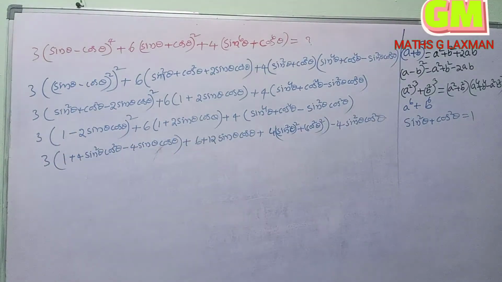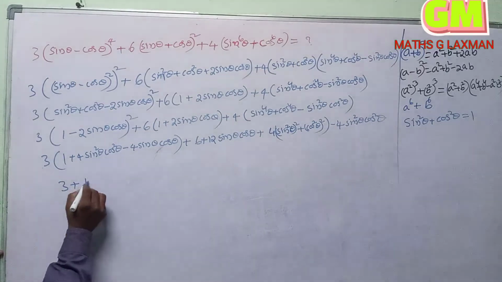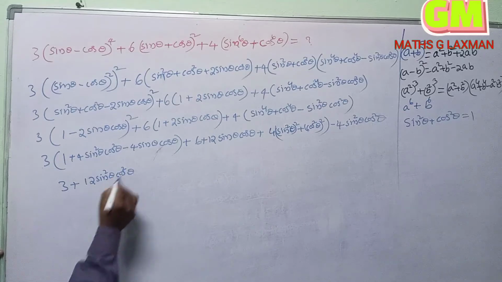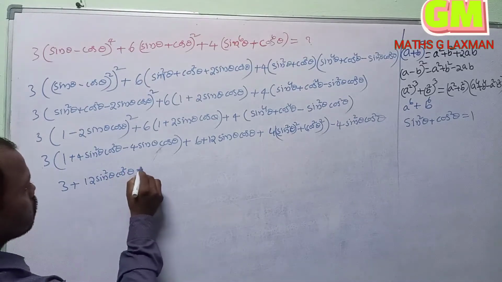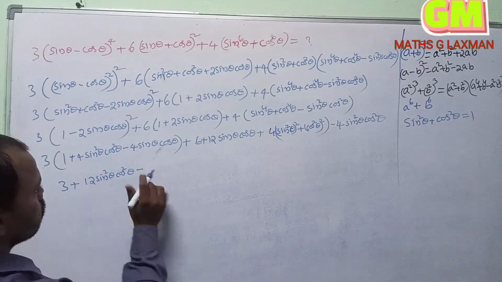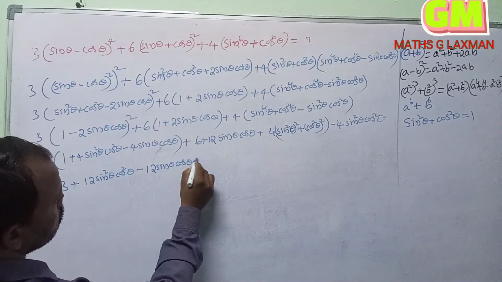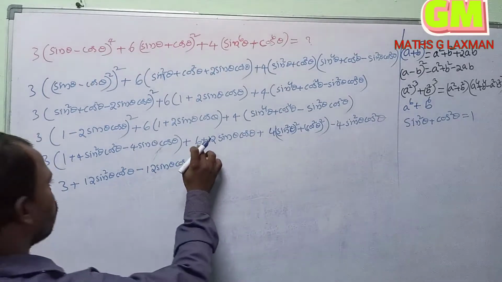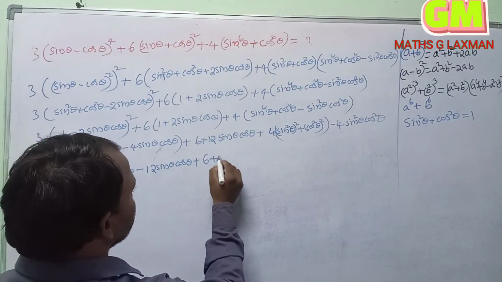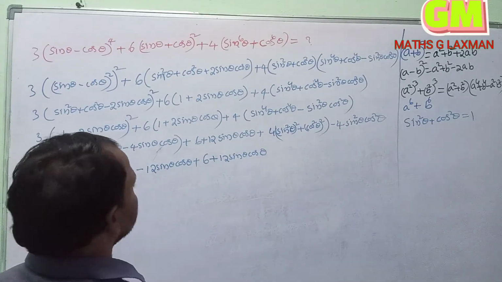Now again simplify this. 3 into 1 is 3, plus 3 fours are 12 sin²θ cos²θ, minus 3 fours are 12 sin θ cos θ, plus here what will you get, 6 plus 12 sin θ cos θ.